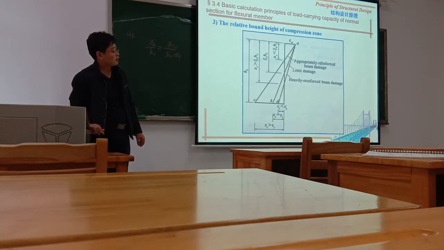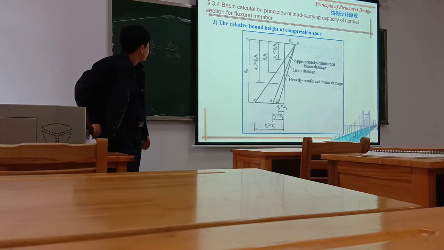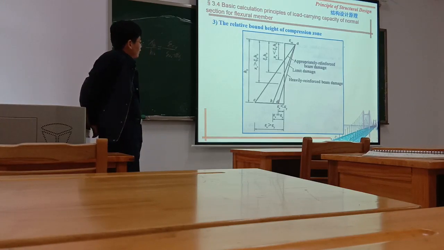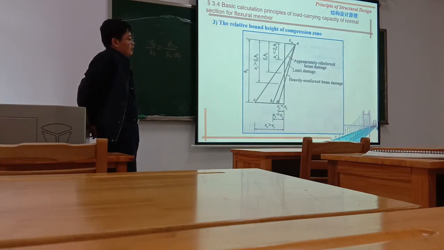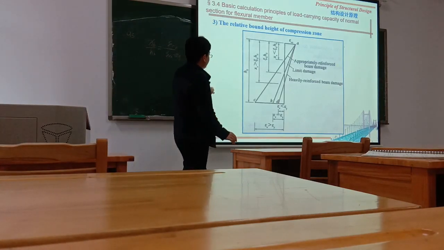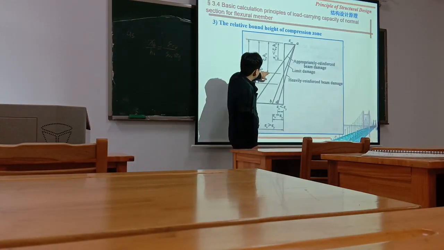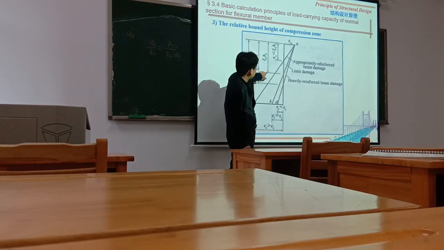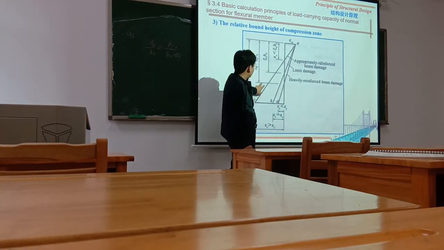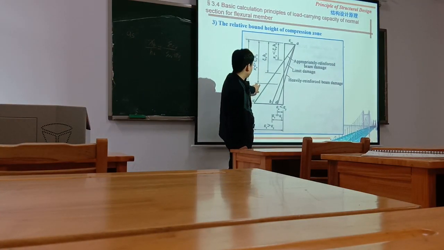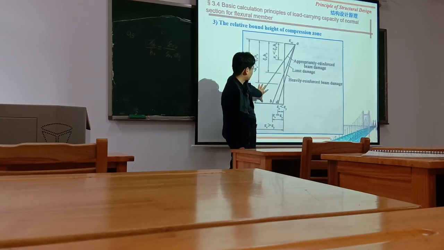h0 equals xb plus the value which is downstairs. We can put the value of maybe xb or xc. h0 is a sum: we put together xb, plus this one, plus this one.